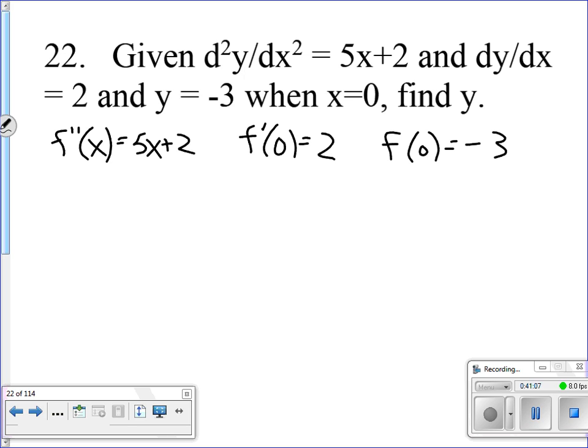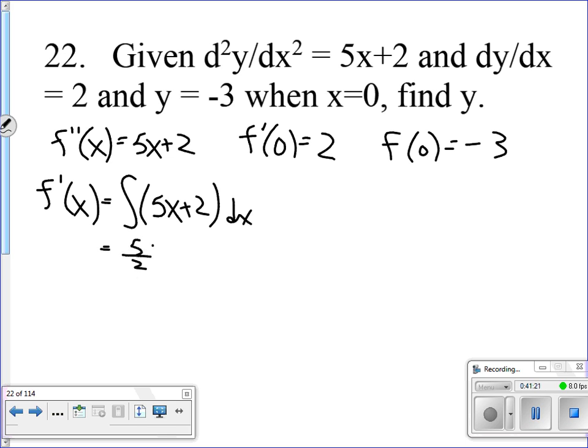So we want to get the function f of x. Starting with the second derivative, we're going to take the antiderivative, which will give us the first derivative, dy dx. That gives us 5 halves x squared plus 2x plus c. Now we plug in the point on the graph of the first derivative: when x is 0, the derivative is 2.